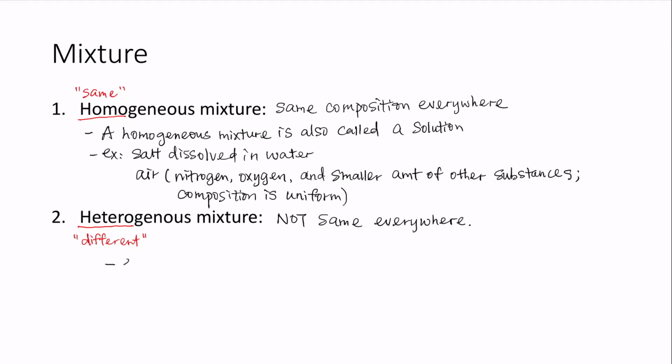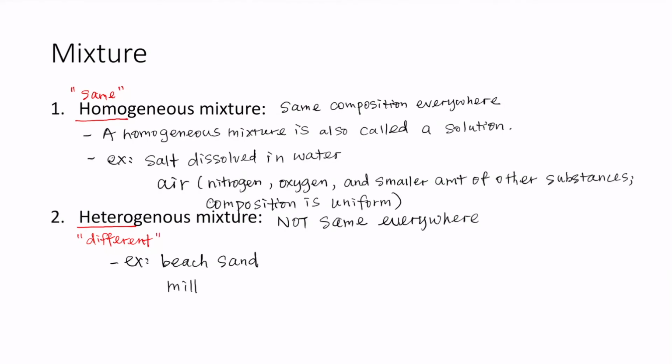For example, beach sand. Beach sand is heterogeneous because you can see different colored particles in it. A second example is milk. Milk is a heterogeneous mixture because when you are taking samples from different locations of the milk container, you're going to find different ratios of the watery liquid and the fat globules.